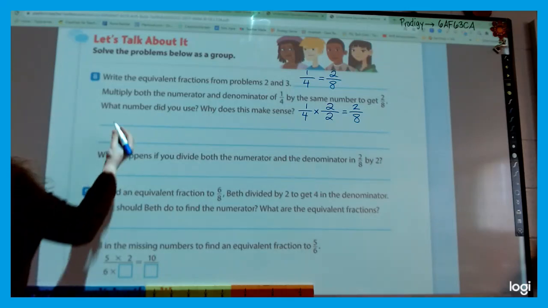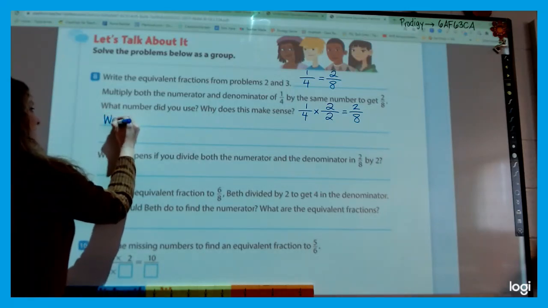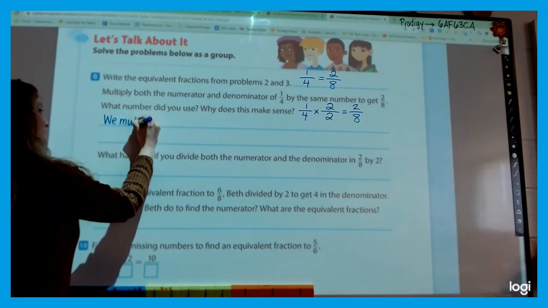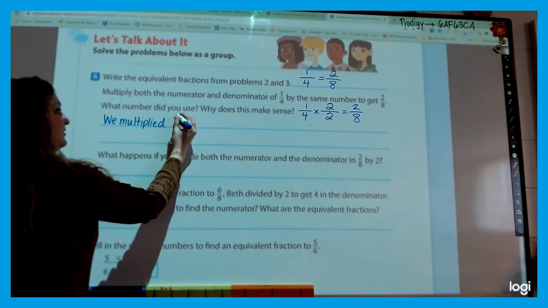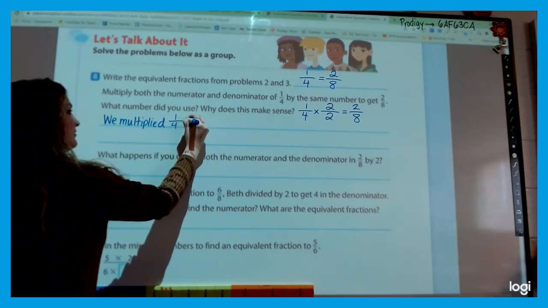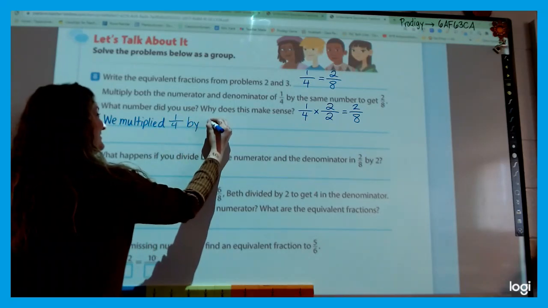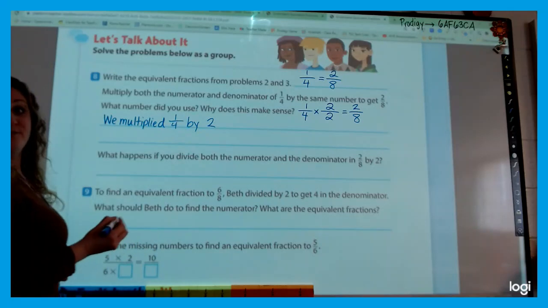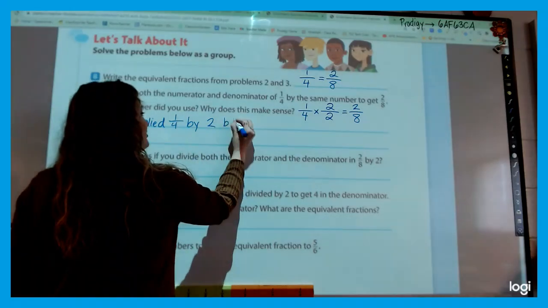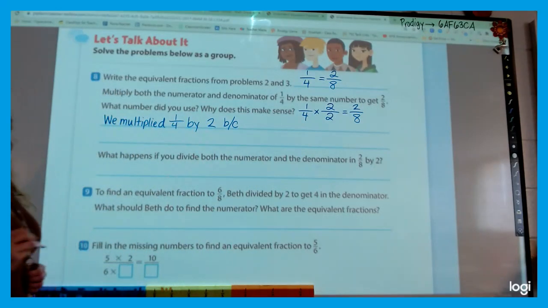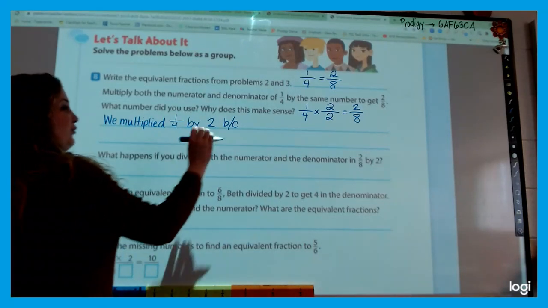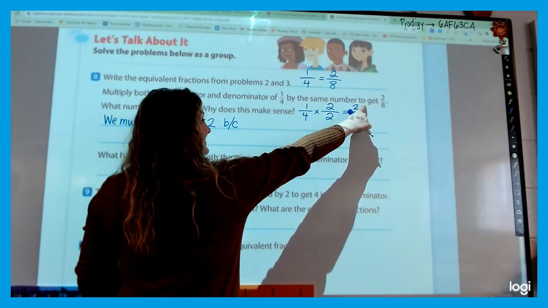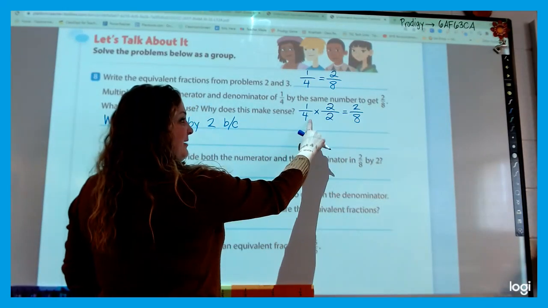All right, so we multiplied one-fourth by 2. We multiplied 1/4 by 2 because we needed to double our numbers, right?